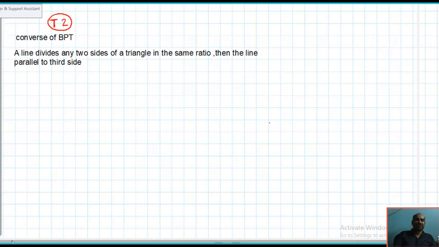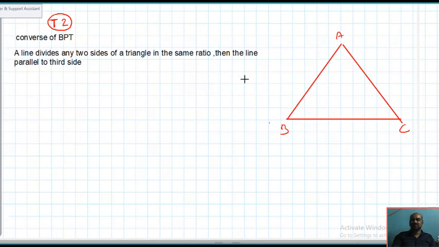Again I want to draw the diagram for that. So this is the triangle. The triangle is ABC. For example, this is one line, say line L, dividing AB and AC in the same ratio.